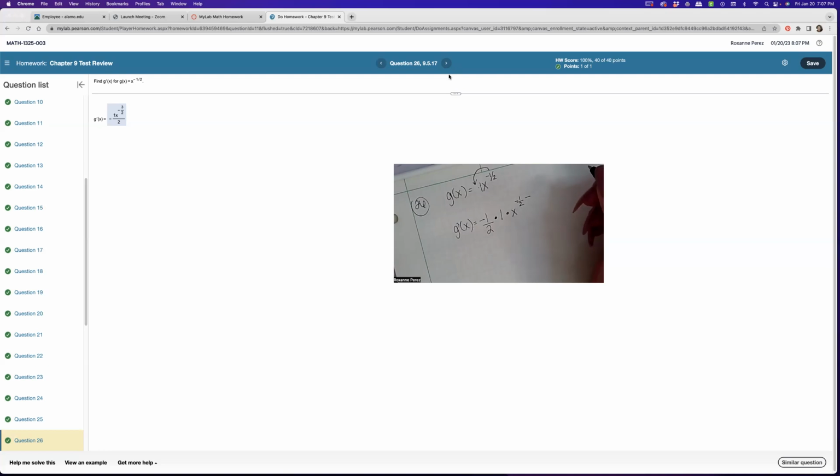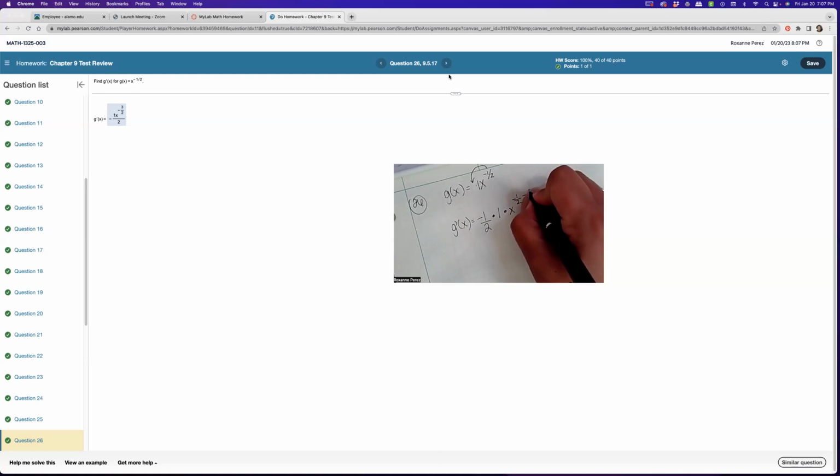So how can I also represent 1 in terms of a fraction? Well, I can represent that by simply writing 2 over 2. So I already have the same common denominator, and 2 divided by 2 is equal to 1. So it's just representing that -1 term as an easy fraction to deal with, okay?